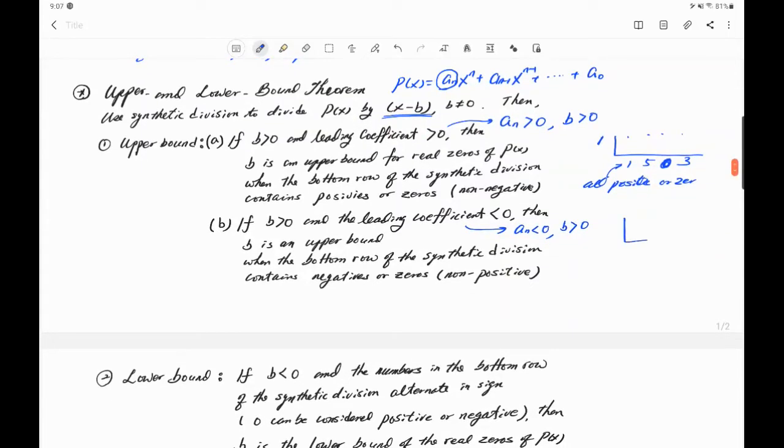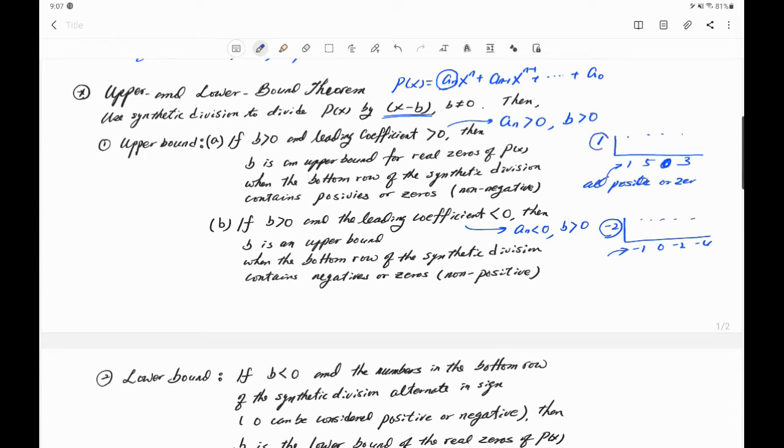Let's say I divide by negative 2, and then we have something like negative 1, 0, negative 2, negative 4. If this line contains negative numbers or zeros, then negative 2 is an upper bound. All right, so this is how we find the upper bound.